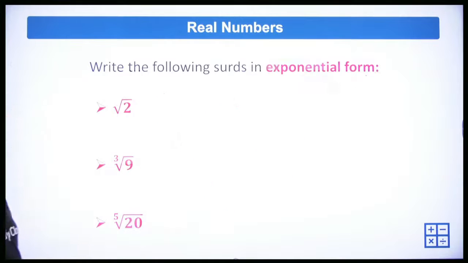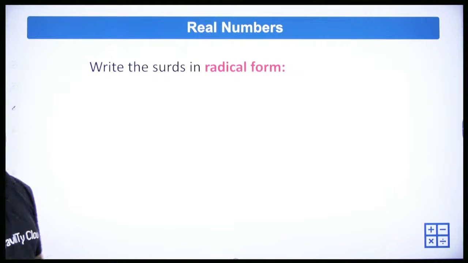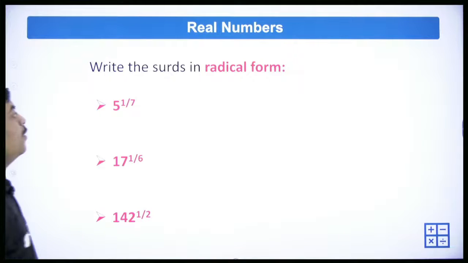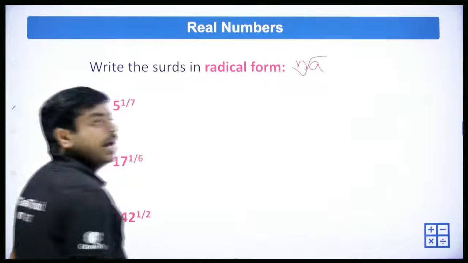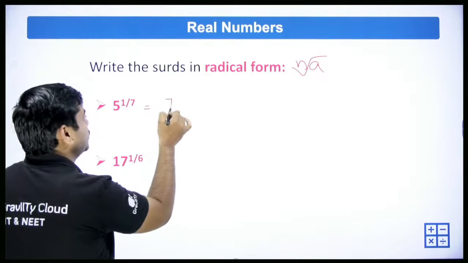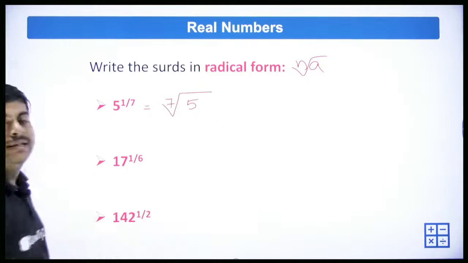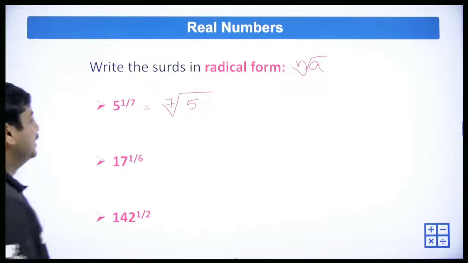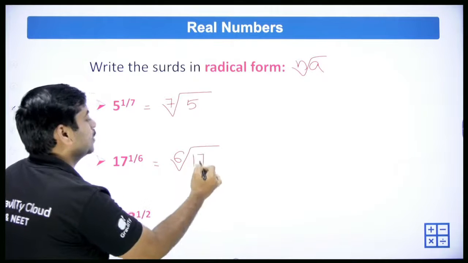Okay. So let's move forward. Write the surds in radical form. So let's try to understand what is a radical form. Radical form means nth root of a, right? So it is 5 power 1 by 7, which is written as 7th root of 5. This is 1 by 6, 6th root of 17.